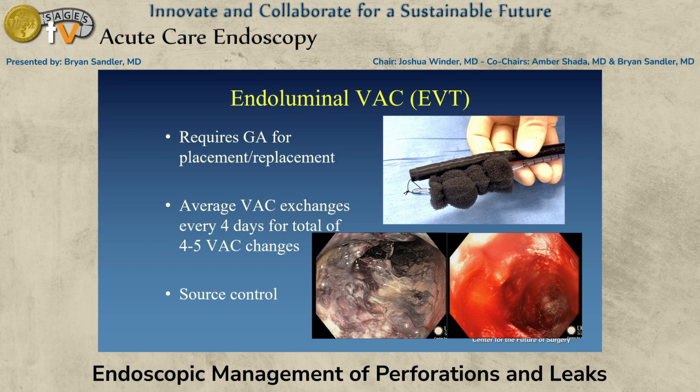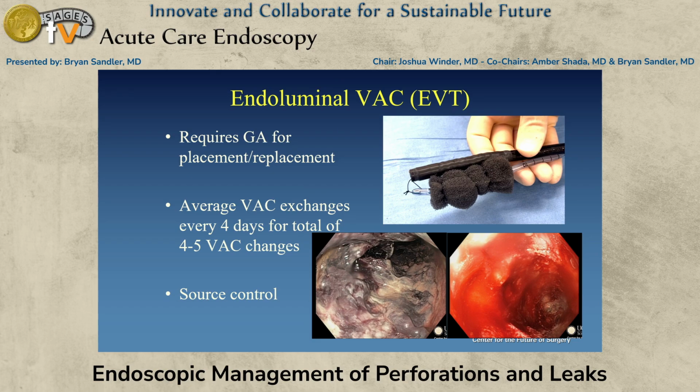This, at the bottom of the screen, is the same patient in whom that large part of the stomach went on to fully necrose. The right-hand picture is the same patient after the first vac exchange, and you can see we've now basically debrided that entire cavity and allowed for better delivery of blood and healing properties to this large cavity.